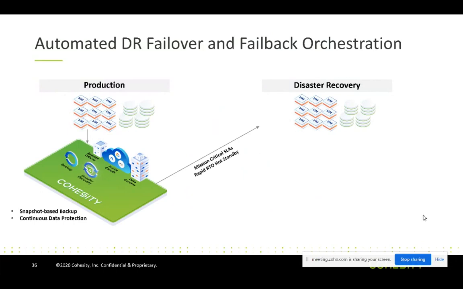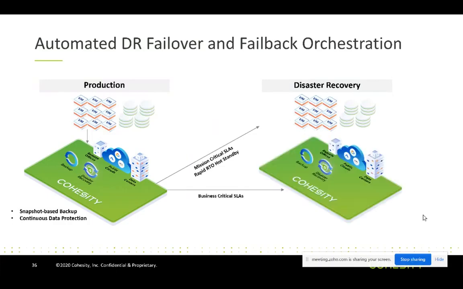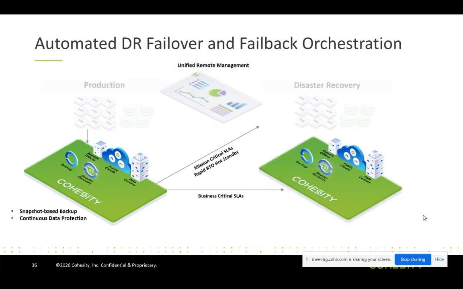Mission critical SLA means you really need zero or near zero RTO, so we create standby virtual machines on the disaster recovery site and do the replication into them. At any point in time, you can get access from the DR directly there.